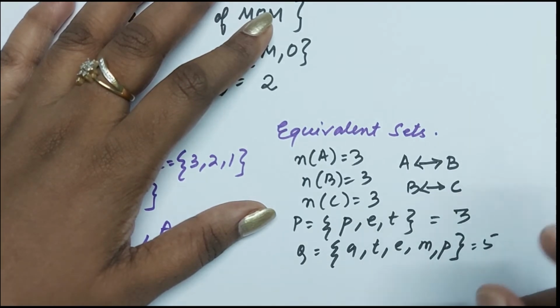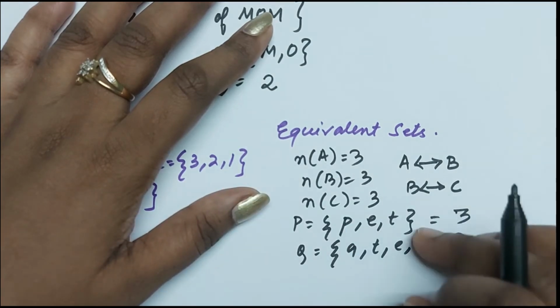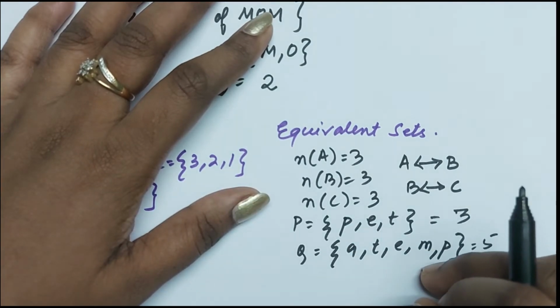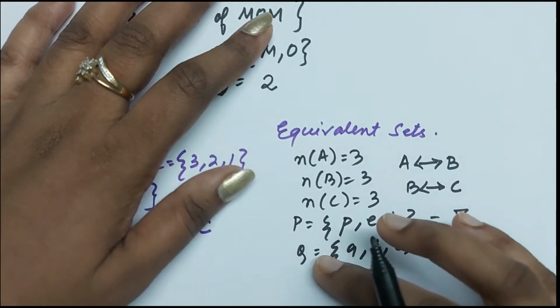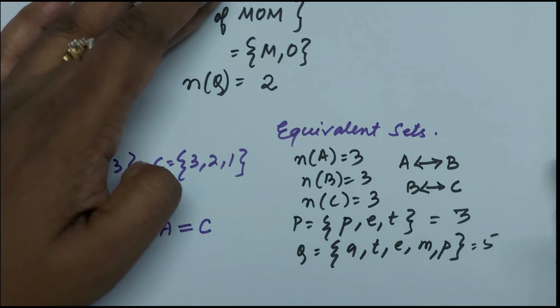So they are not equivalent because the number of elements is different in both sets. You will see that equal sets generally have the same cardinal number, and equal sets will be equivalent also, but vice versa is not true.